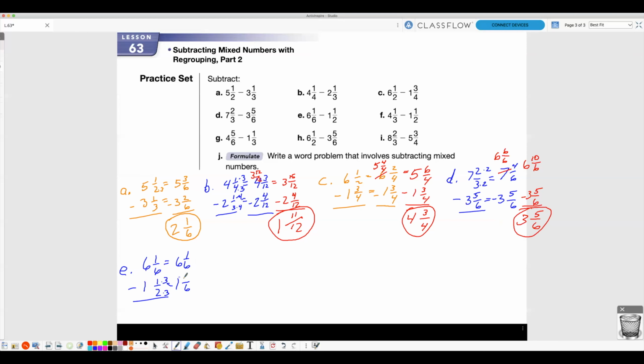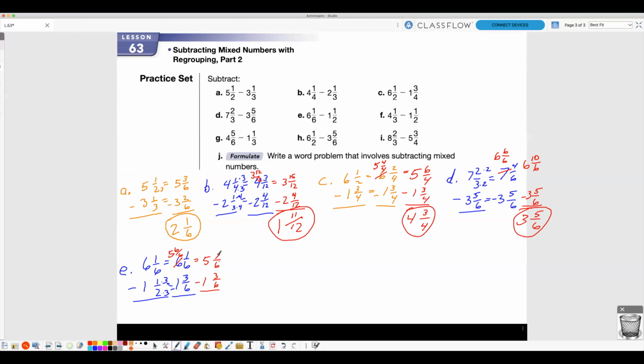This one's times 3, so you're going to subtract that. You'd end up with having to borrow again, or in this case, I'm going to regroup this. This would be 5 and 6/6 plus that 1/6 makes 5 and 7/6 minus 1 and 3/6.